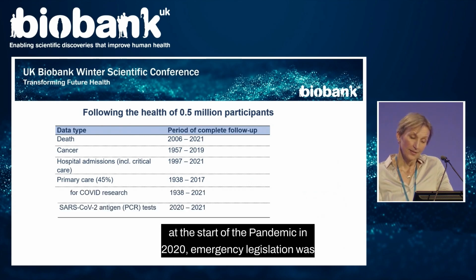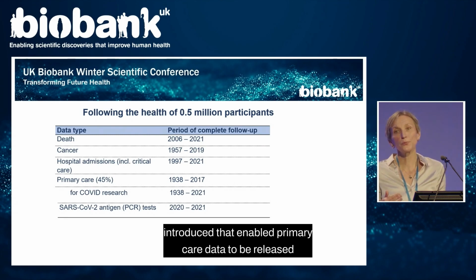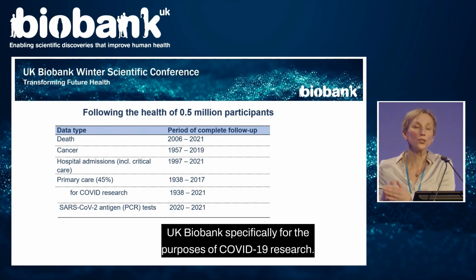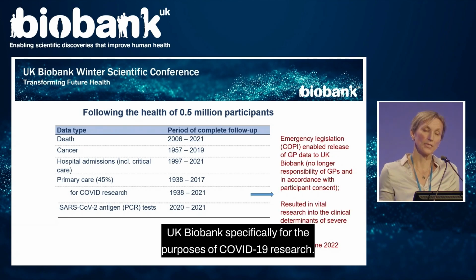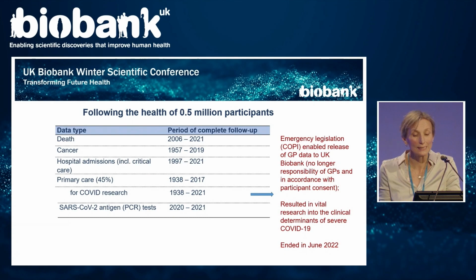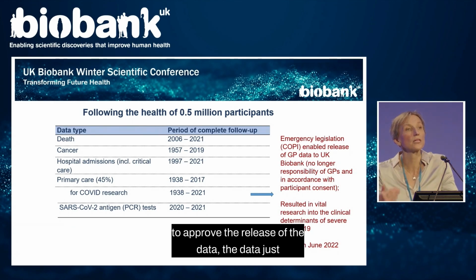However, at the start of the pandemic in 2020, emergency legislation was introduced that enabled primary care data to be released automatically from the GP system suppliers in England to UK Biobank, specifically for the purposes of COVID-19 research. And what that meant was that, crucially, it was no longer the responsibility of GPs to approve the release of the data.